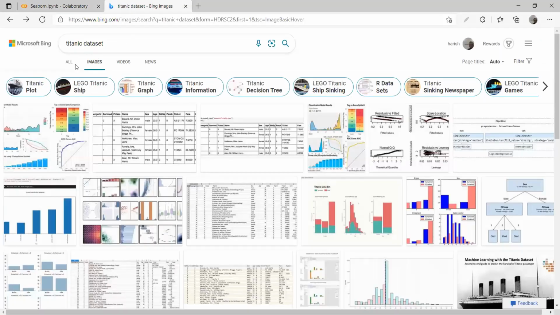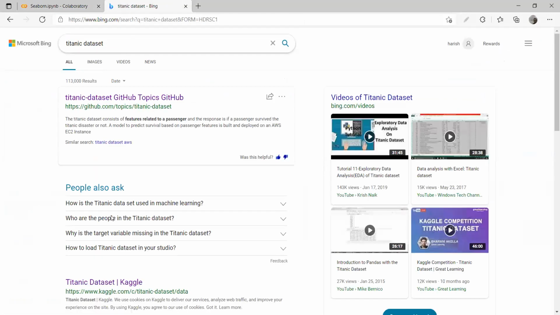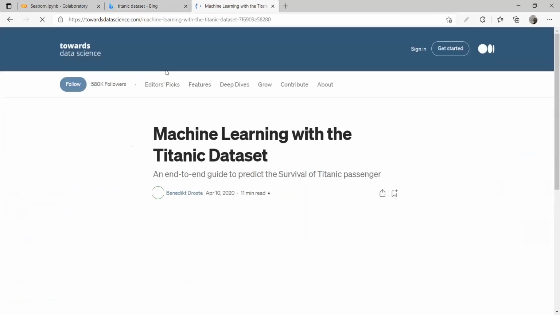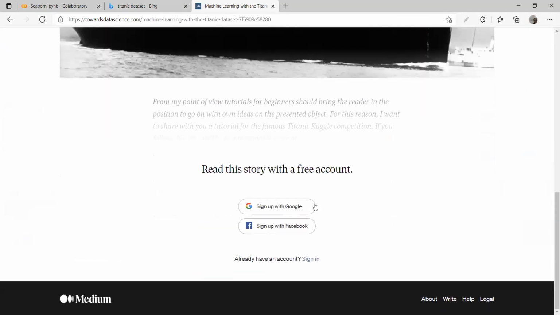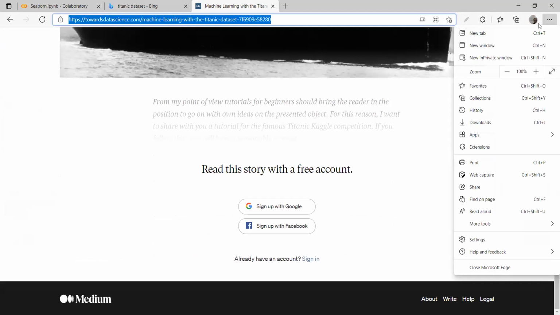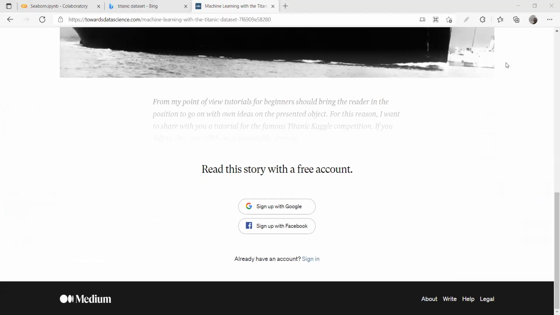You can also look for a Titanic data set on Towards Data Science, machine learning with Titanic data set. This also has an incognito mode like Google.